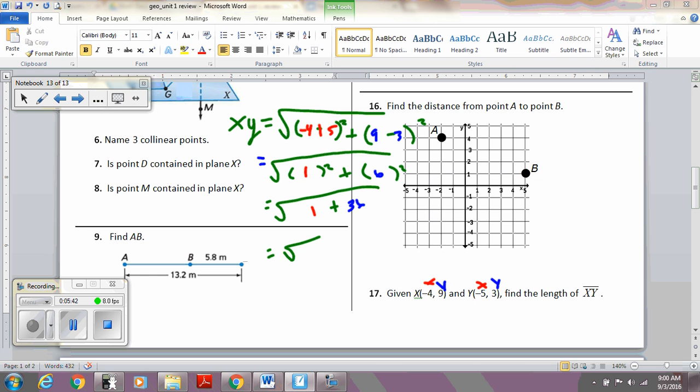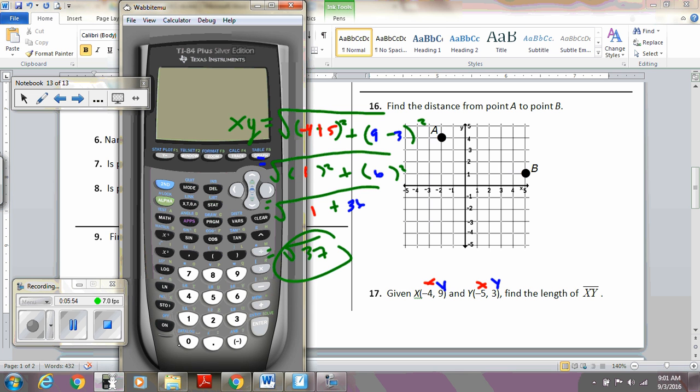So our answer is the square root of 37, which is a great answer. But if you want to see what that would compute to become, grab our calculator. To do the square root, you do second x squared. And now type 37 and hit enter. You would get approximately 6.08.